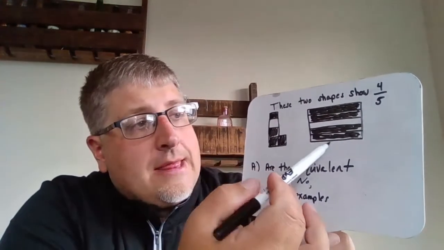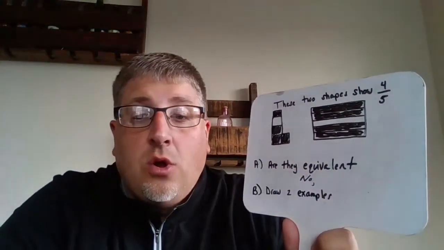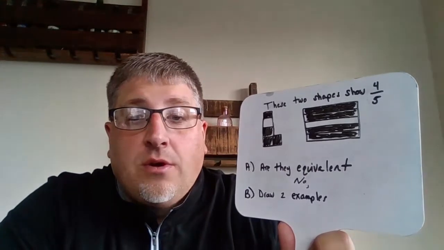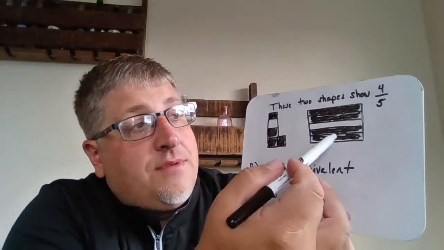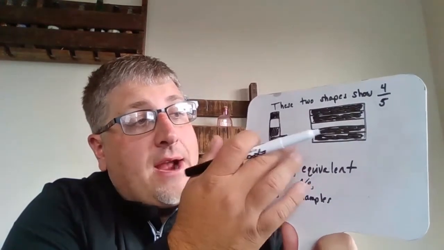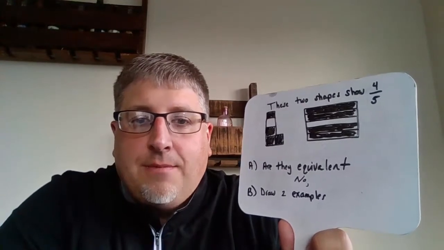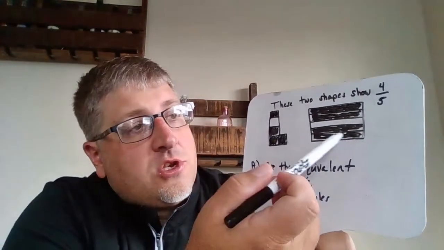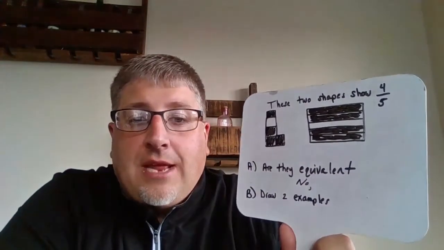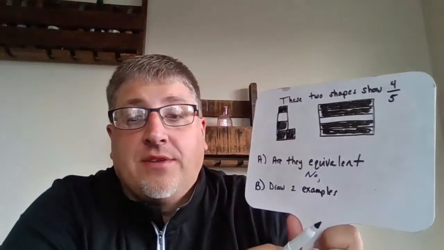So this one's going to be a lot bigger than the squares here. So when we see that question, are they equivalent? We're going to say no because of the mass and how big they are. Now, if I drew the same picture next to each other, yes, they would be equivalent because they have the same size and they are equal. So just understand that sometimes when they ask if they're equivalent, they might not be because of the size.